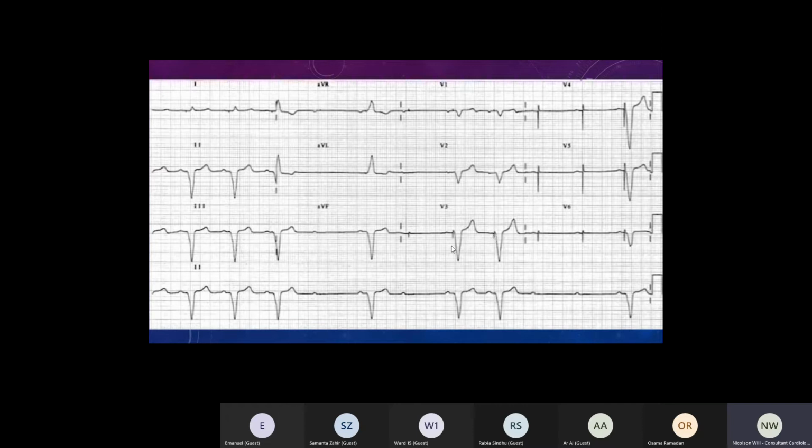Pacing spikes are often not that visible these days to the naked eye with a bipolar lead. So both of the electrical pulses come from very close to the lead tip, as opposed to unipolar leads where it was pacing between the lead tip and the pacemaker box. And it showed much more prominent spikes like these ones.